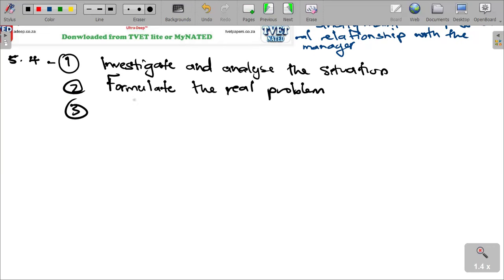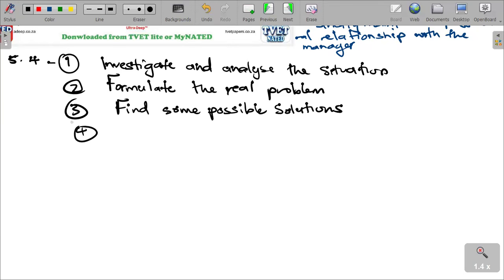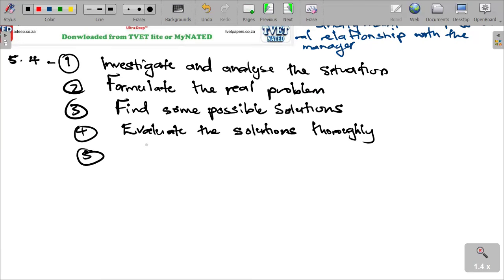3, you then find possible solutions. Step number 4, you evaluate the solutions thoroughly. 5, you choose the correct solution.